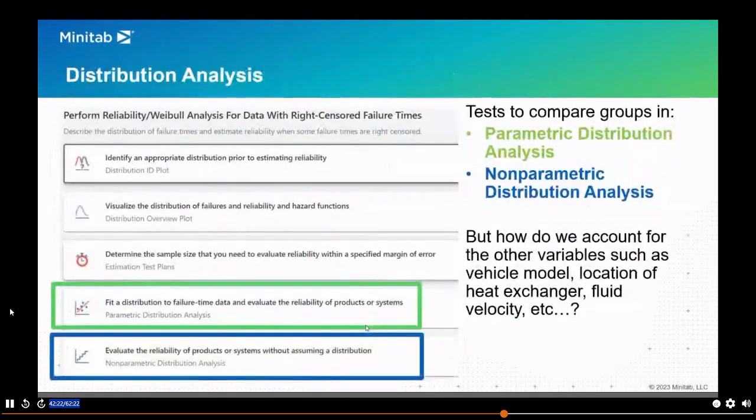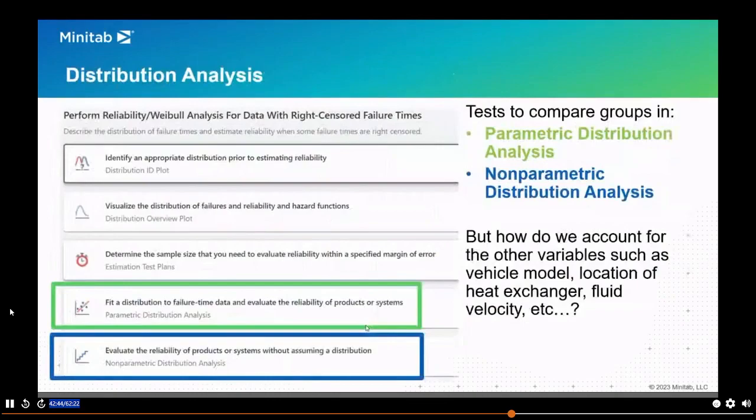But the problem is, in this case, what about other variables that might be going on, right? These will only look at differences between one factor, so to speak. So I could compare using either of these tools new design versus old design. But what if I need to include some other things? And here I do.